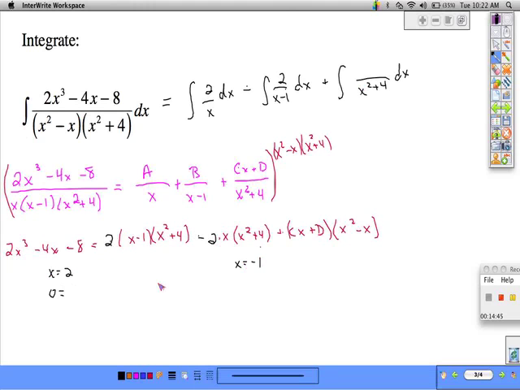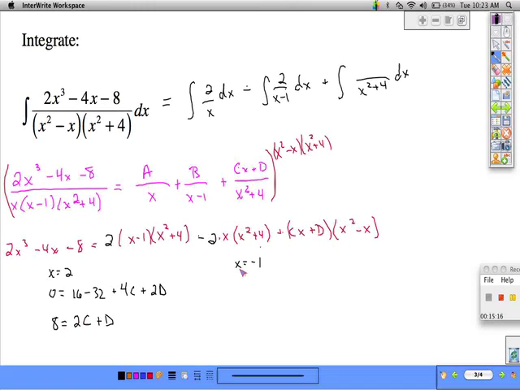So by plugging in x equals 2, I'm left with only C and D. But I get 16 minus 32 plus 4C plus 2D. And I can move my constants to one side, and then everything's divisible by 2, and I'm left with 8 equals 2C plus D.